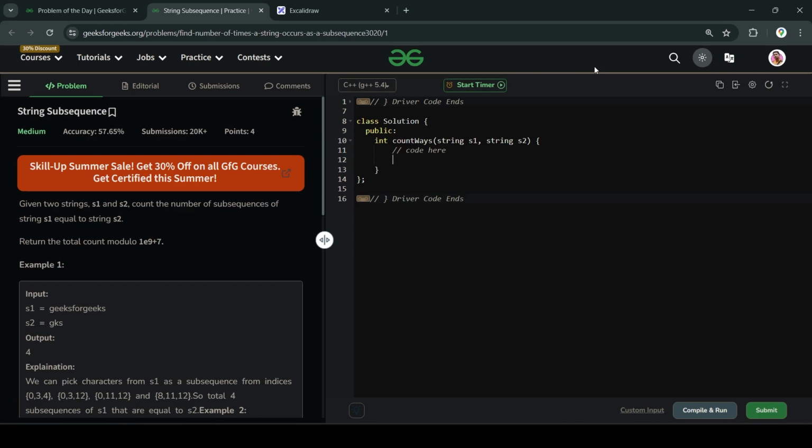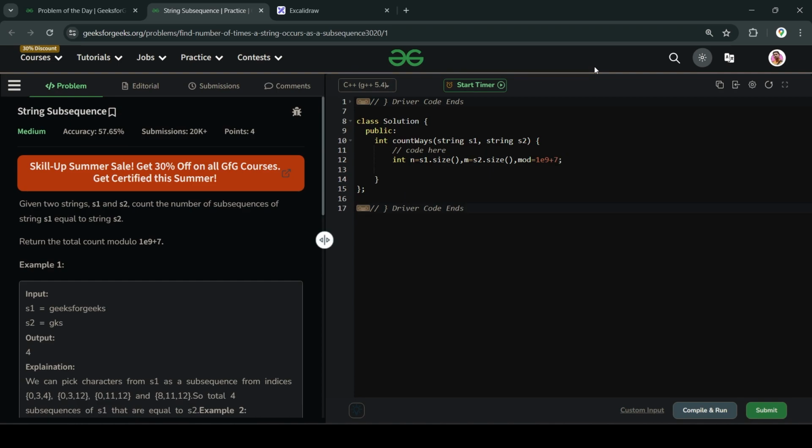Let us declare all the variables that we need. n will be s1.size, m will be s2.size, and mod will be 1e9 plus 7.